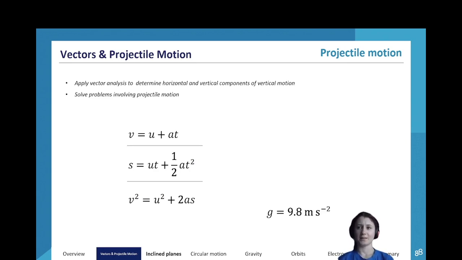A is the acceleration, and T is time in seconds. S is the displacement. Alright? And that is all of our variables for those equations there.